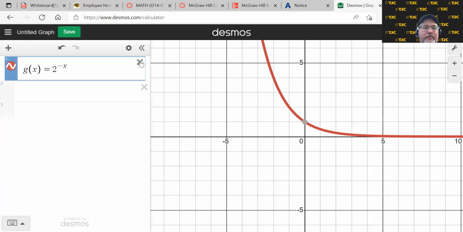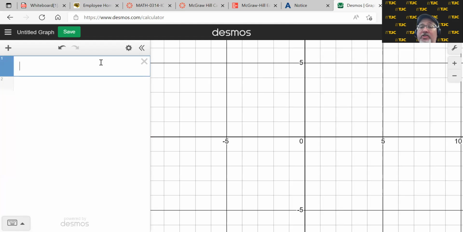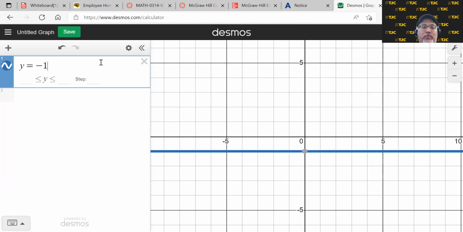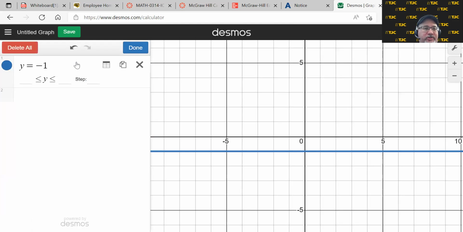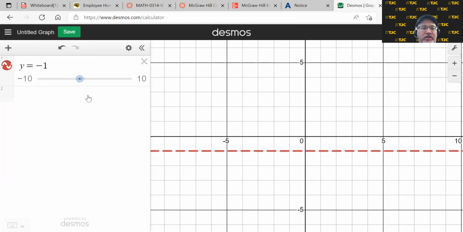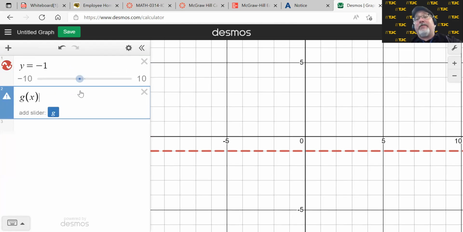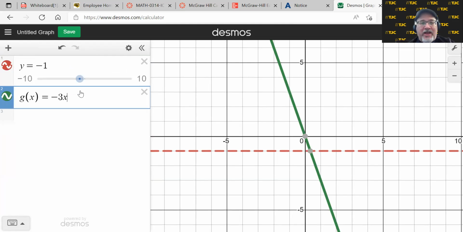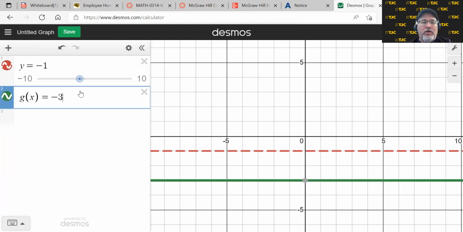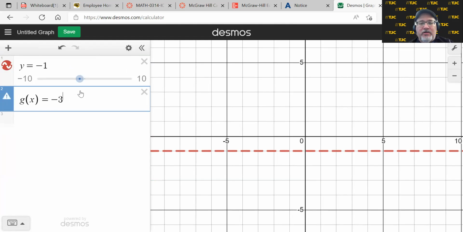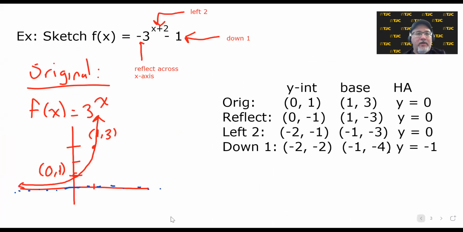Let's take all this out. All right, let's start by sketching where we think the horizontal asymptote is at y equals -1. We'll make it look like an asymptote by making it dashed, and we'll make it red just because. And now let's just type our function. I forget if it was g of x or f of x, but the name of the function is irrelevant. It was -3 to the x, +2 in the exponent, then -1 afterwards.